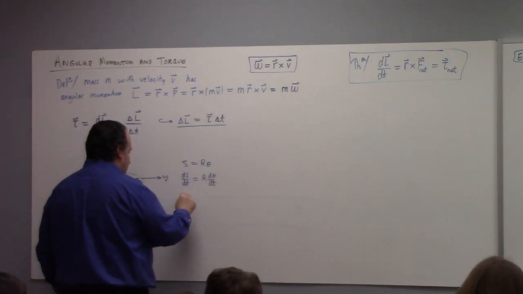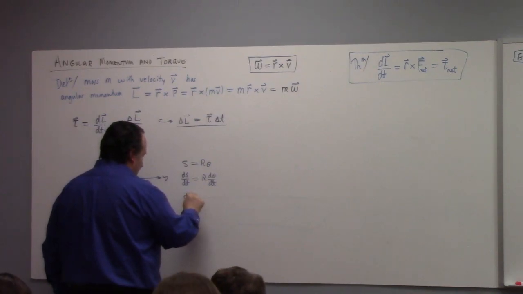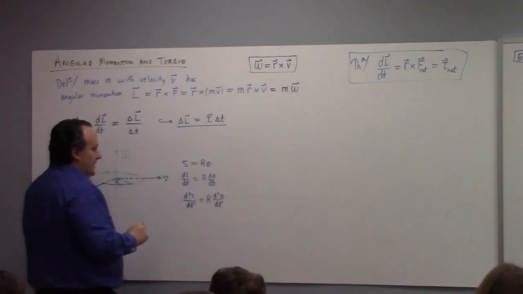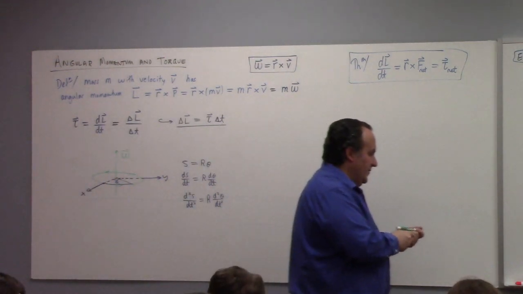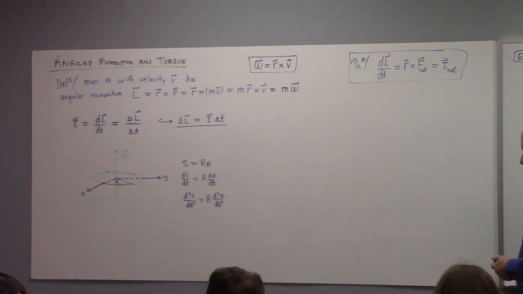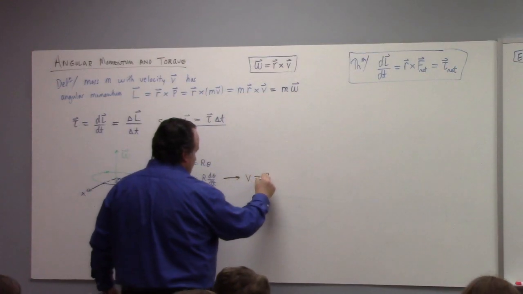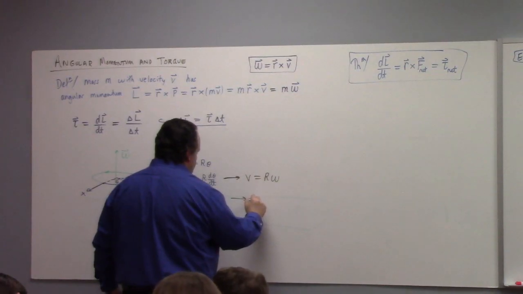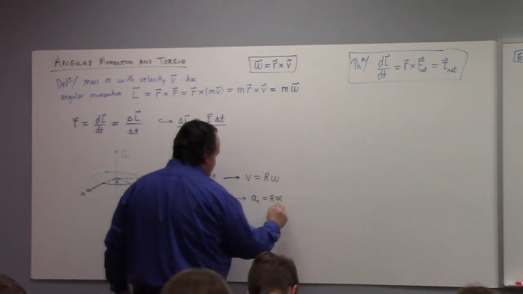And d squared s/dt squared is r d squared theta/dt squared, right? In other words, we get back to all these wonderful circular formulas. From the basic arc length formula s equals r theta, to the velocity is r omega. Here we have the tangential acceleration, which is r alpha, right?